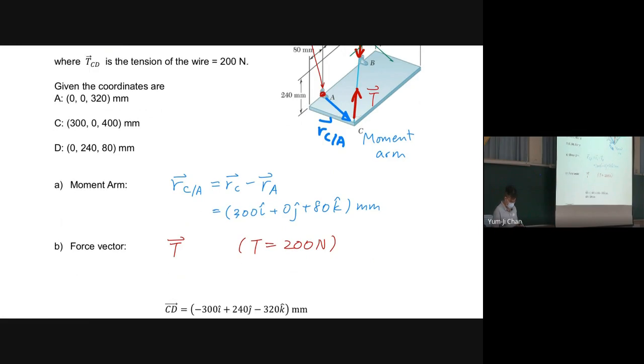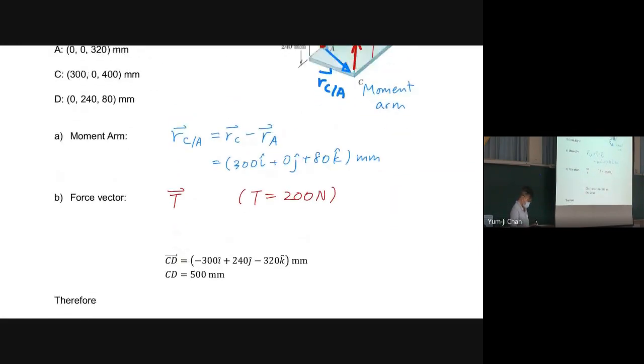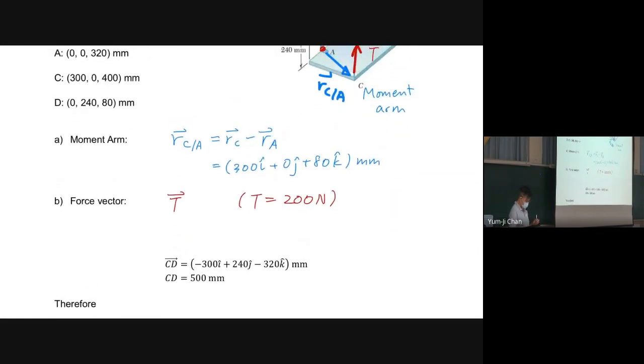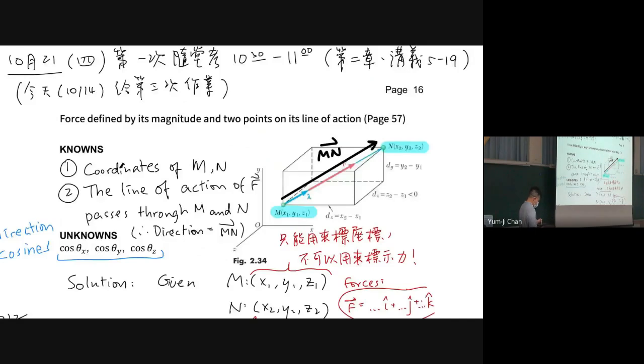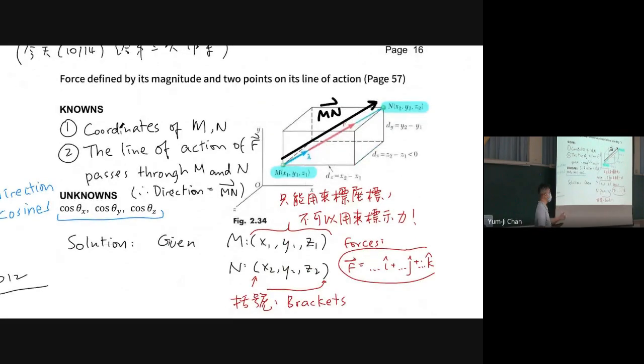Now it goes back to page 16, I think. Yeah, page 16. The SOP I'm talking about is this one.